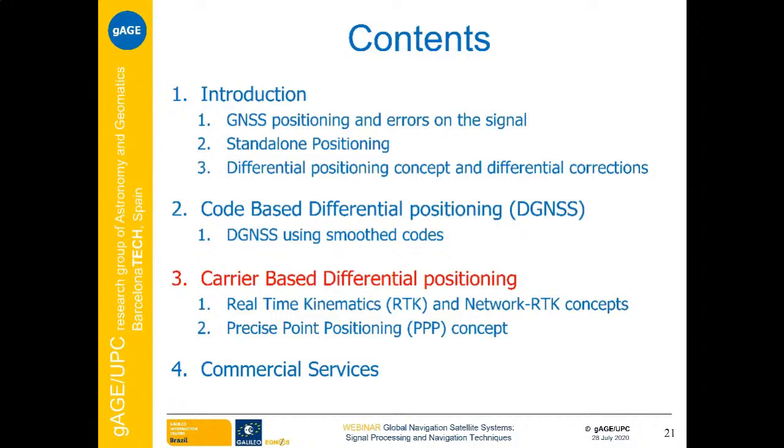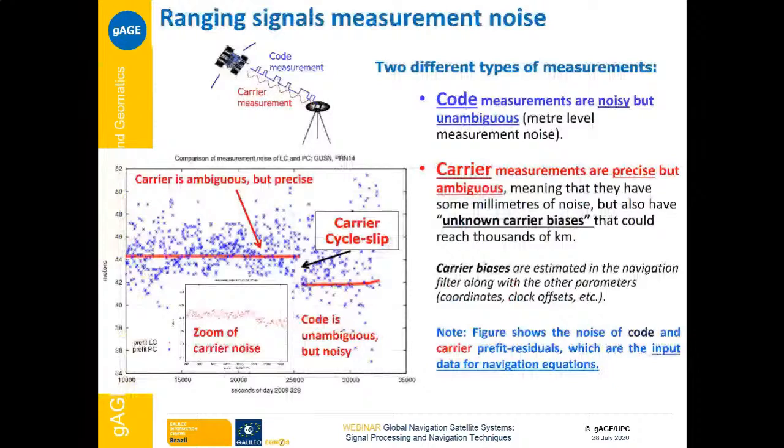In carrier-based differential positioning, as my colleague Adrià commented before, we have two main measurements to use: code measurements and carrier phase measurements.